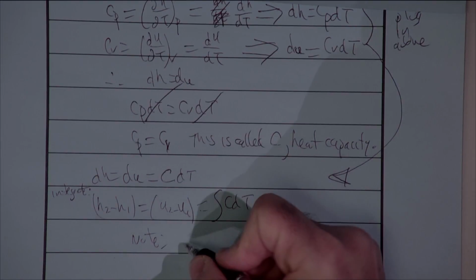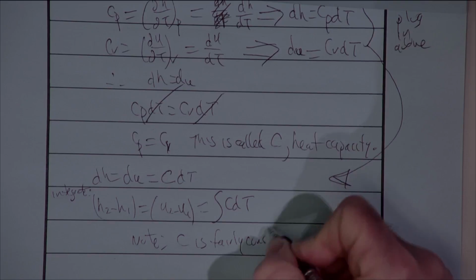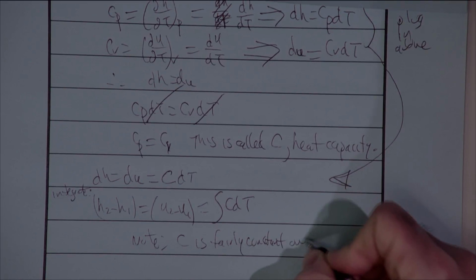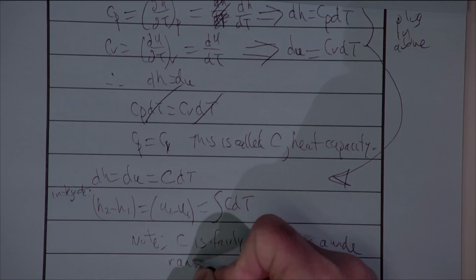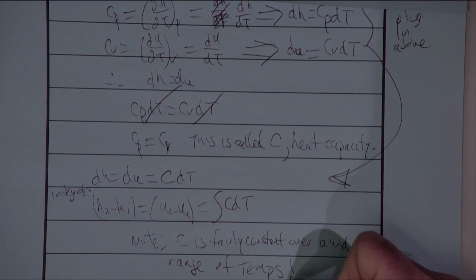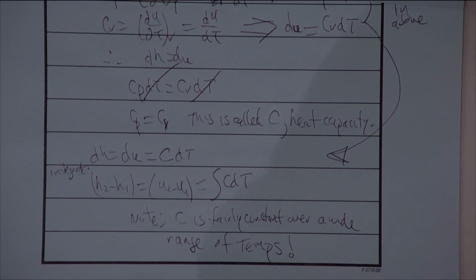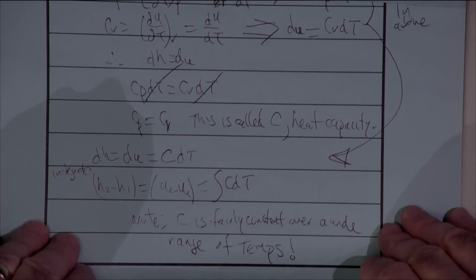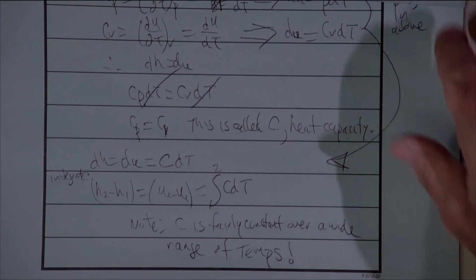Now, another thing that we would note, and again, this comes from observation, is that C is fairly constant over a wide range of temperatures. And this applies, again, to essentially all solids and liquids. Oops, I forgot my 1 and my 2 on my integration.